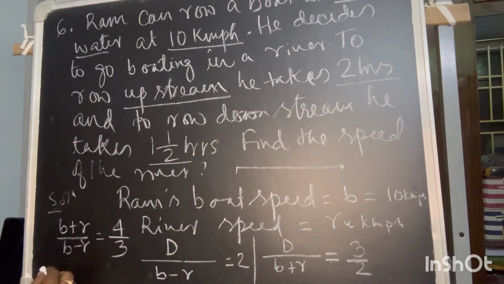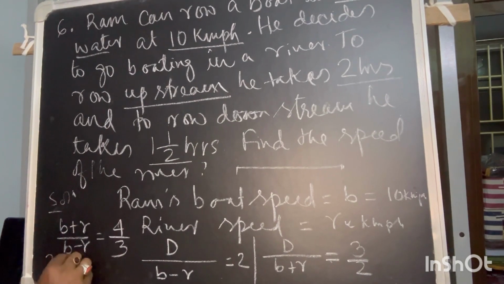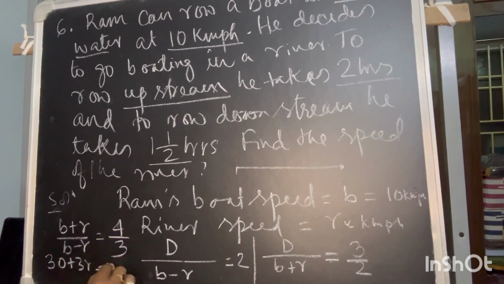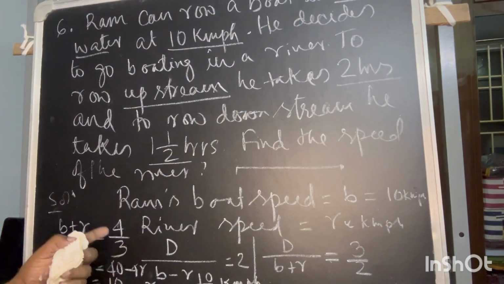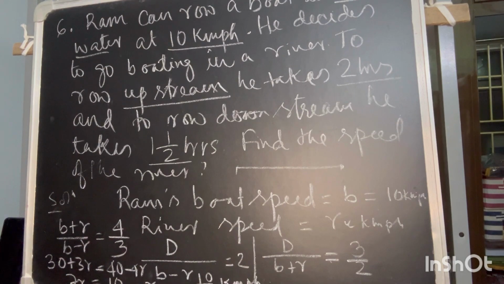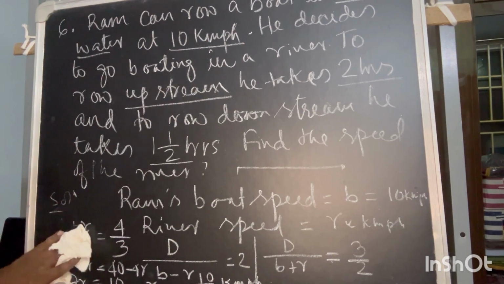Now b is already known, 10, so I put it like that: 10 plus r over 10 minus r equals 4 by 3, so 30 plus 3r equals 40 minus 4r, so ultimately 7r is equal to 10, so r is equal to 10 by 7. So r is the speed of the river, in kilometers per hour. You do not need to change the unit, so this is your answer. So I will end here.